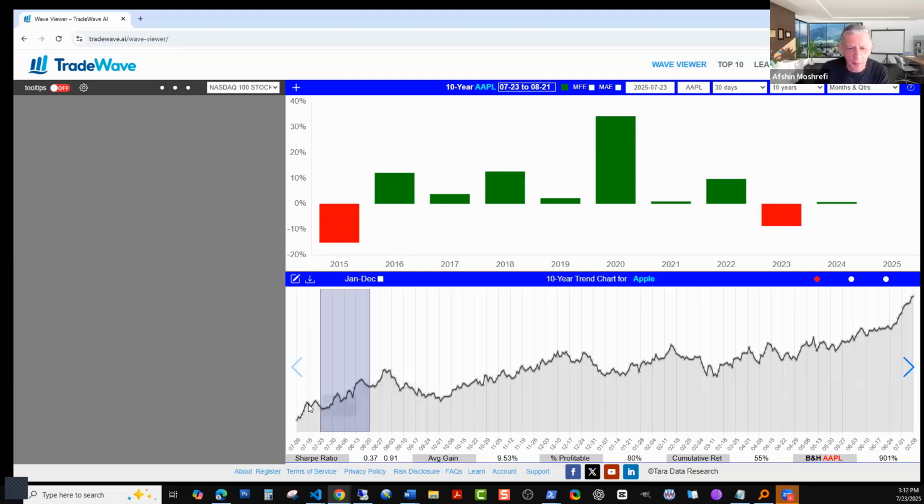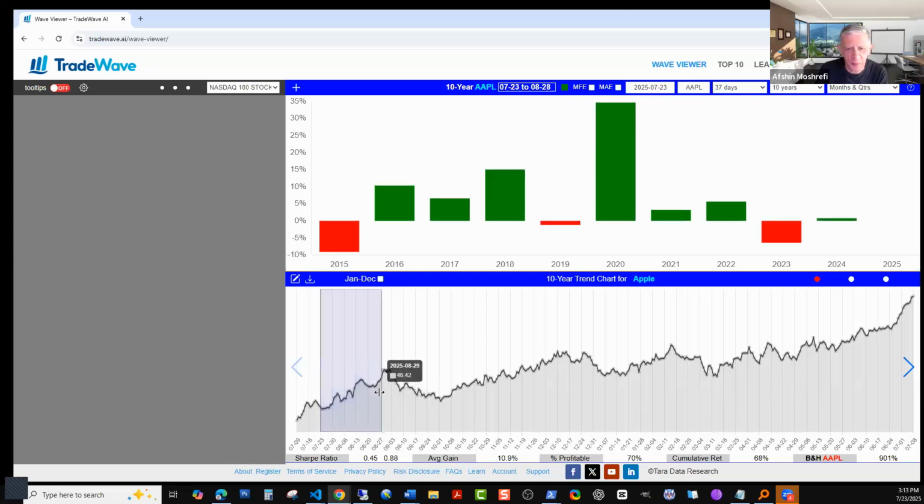The value number is completely unimportant. What's important is the trend. When you see an up move like this, that means the average trend was up based on the last 10 years. You can see that it actually goes up all the way here.